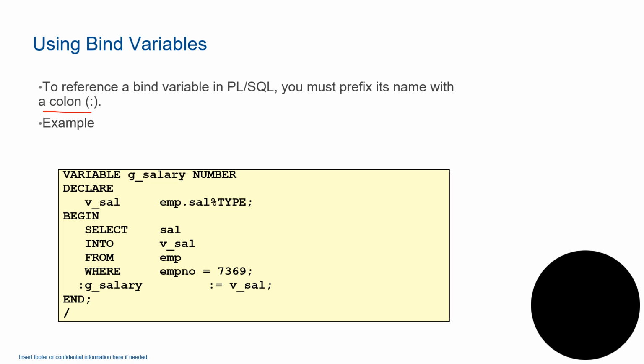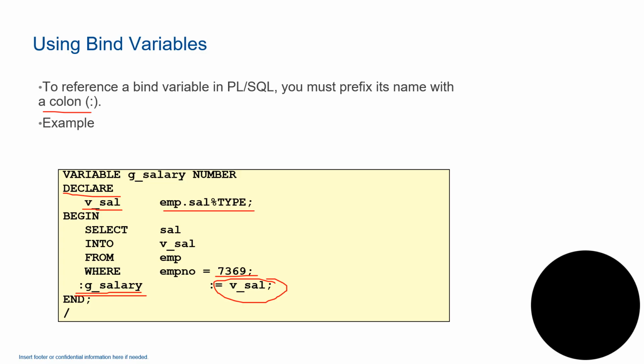So what we can do is print, and this is an example. We have declared a section of v_salary, which is of the employee type. We have fetched its value where employee number is 7369, and then this 7369 is assigned to this salary. Okay, so this bind variable has been assigned a value.